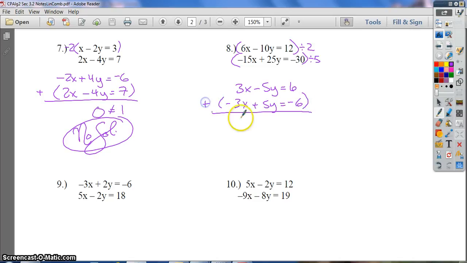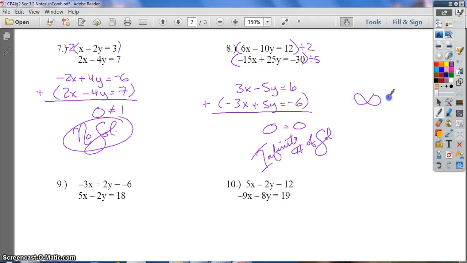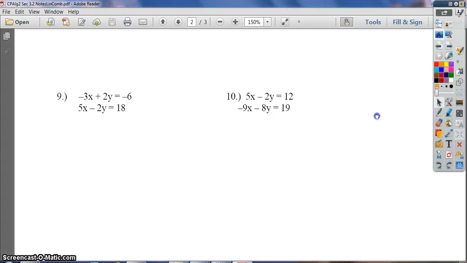If you add these vertically, we get 0 equals 0. So there is an infinite number of solutions. An easier way to write that is infinite number of solutions. That's your abbreviation if you don't want to write it out. All right, 9 and 10.